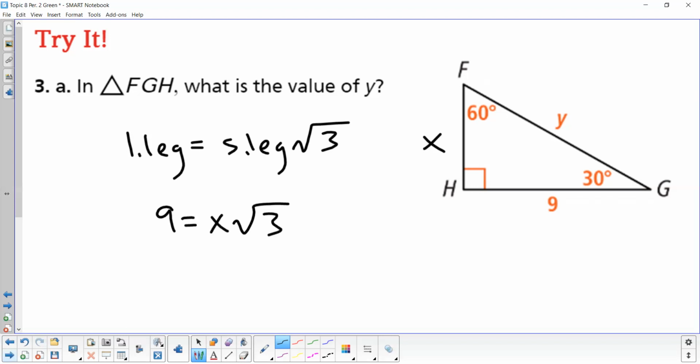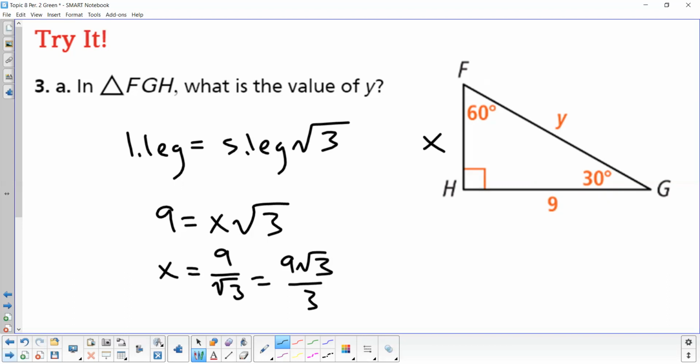How do you get x by itself? 9 divided by root 3, which is 9 root 3 over 3. What did we do from here to there? You rationalize the denominator.